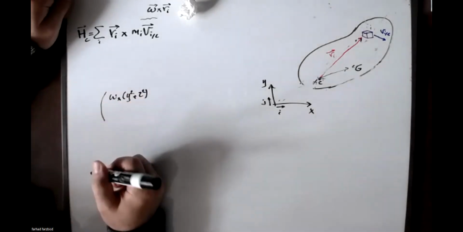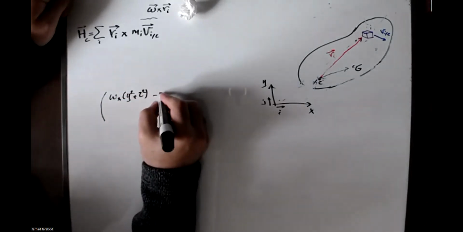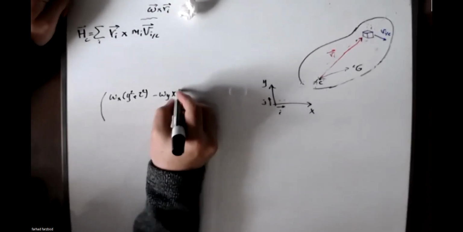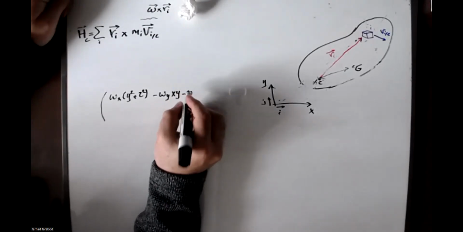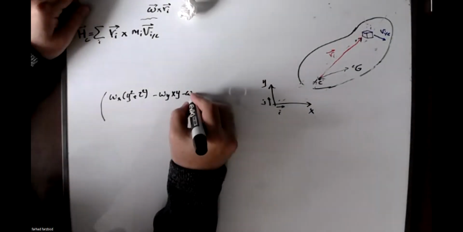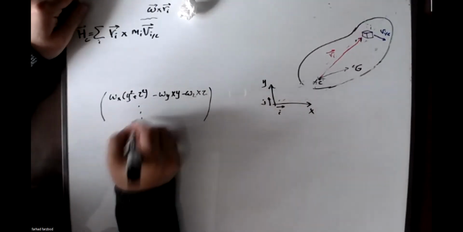I factored out that thing, minus omega y x z, x y, minus omega z, minus omega z x z. And we have some other terms.